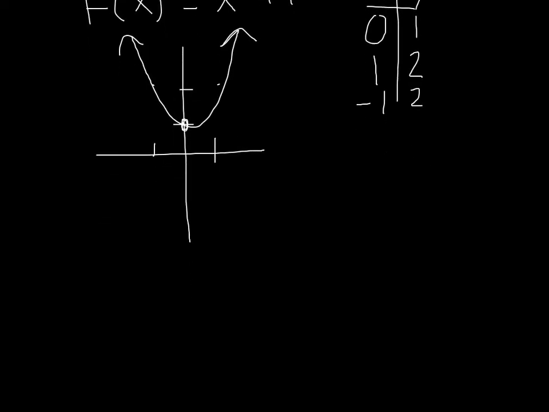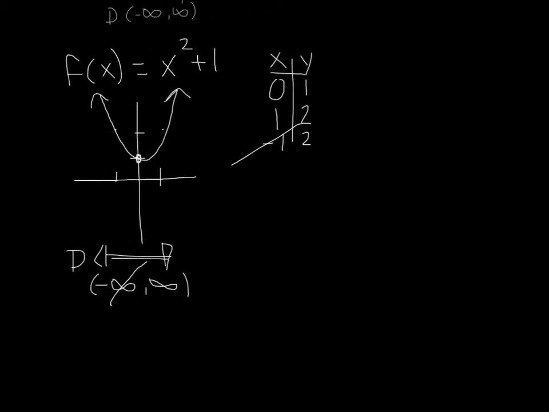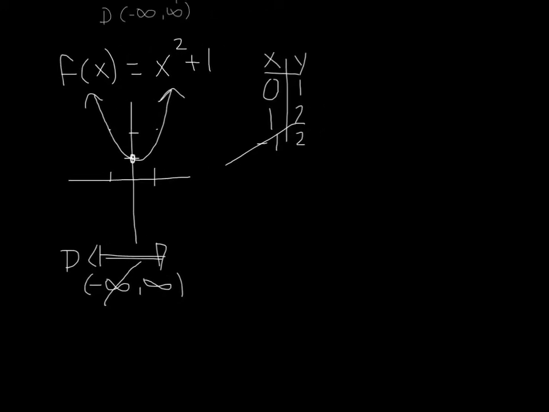So when we do the domain and range, remember domain is the x values. How far left and right does it go? So picture the graph. How far left and right does it go? It goes all the way left and all the way right. So it's negative infinity to positive infinity. Now, how far does it go up and down?